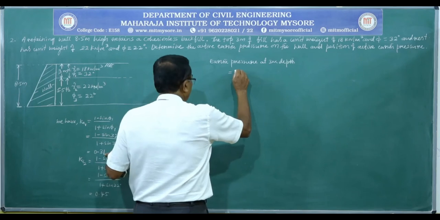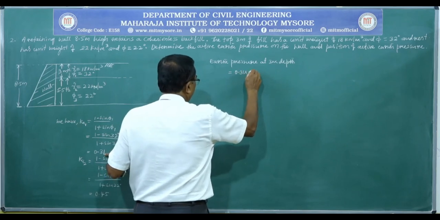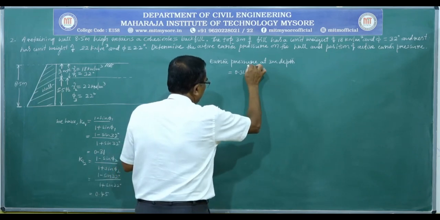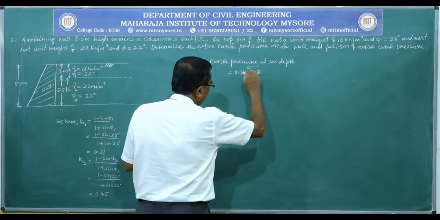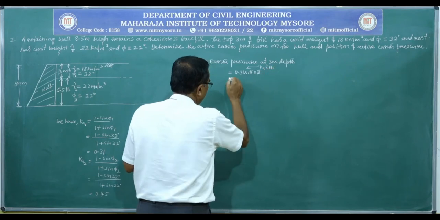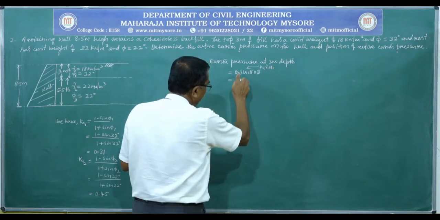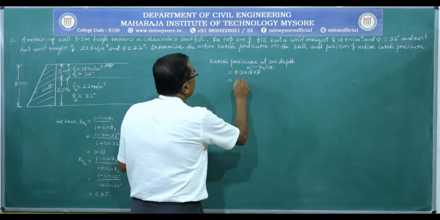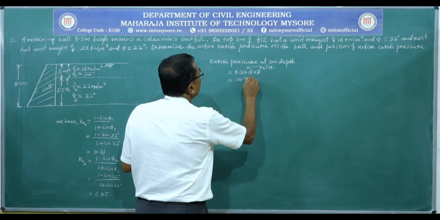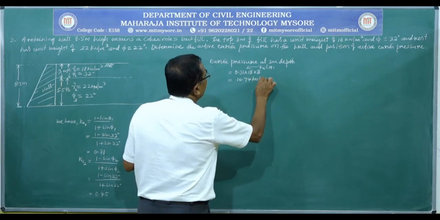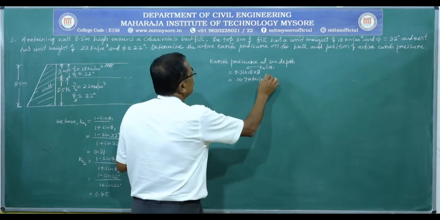For understanding, no need to write again this explanation. It is Ka1 into gamma 1 into H1. Directly you can write this value, 0.31 into 18 into 3. It is 16.74 kilonewton per meter square.